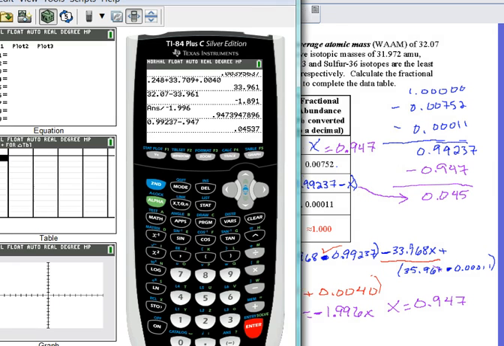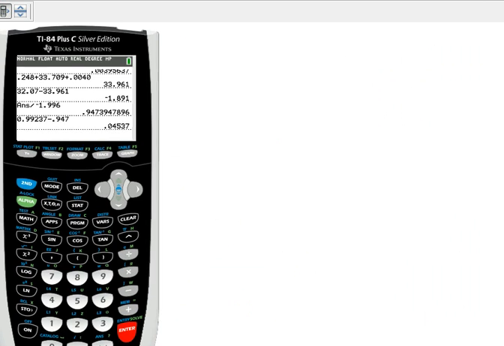We'll look at the percentage part of it, which I don't need to maximize.